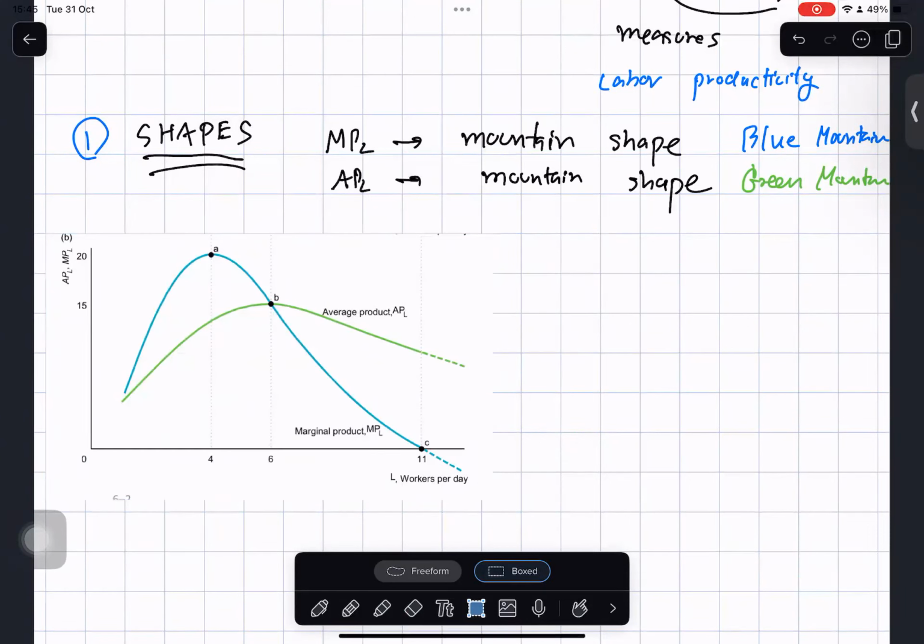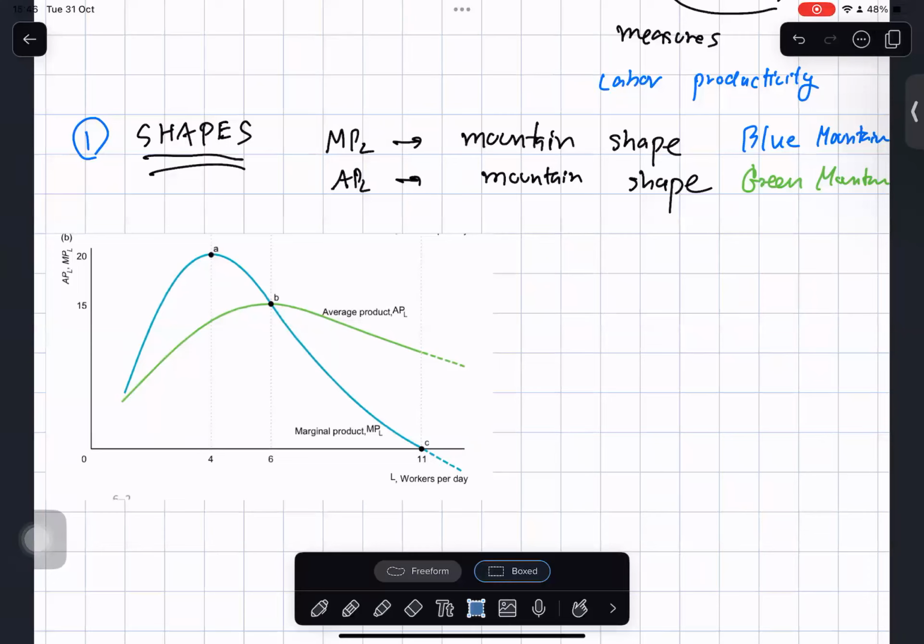We are taking a look at the shape first. Both have a mountain shape. That means it's going up first and then it's falling. Rise, peak, and fall.